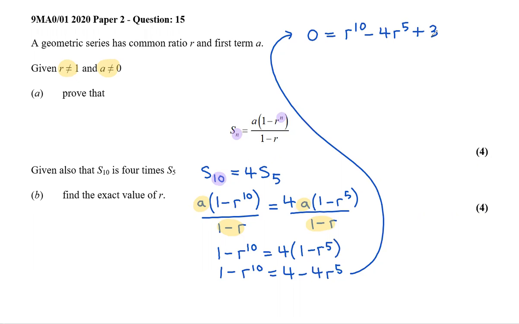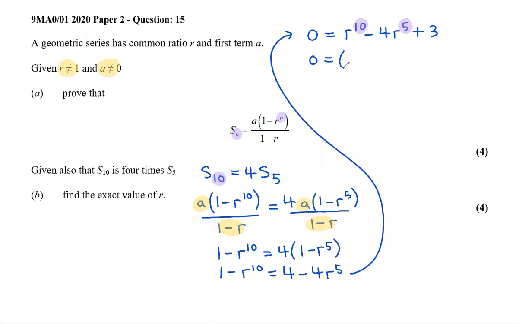Okay, how does this help us? Well, notice that the power of that leading term is double the power of the second term. This is a quadratic in disguise, okay? And it factorizes. So, depends on how comfortable you are. You can make a substitution at this stage if you like.